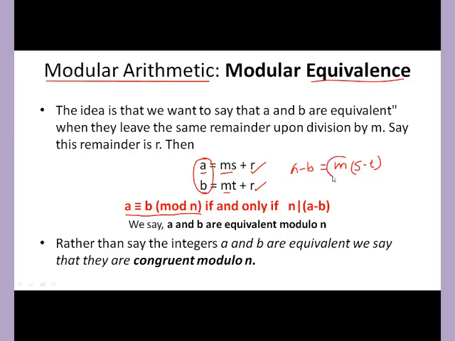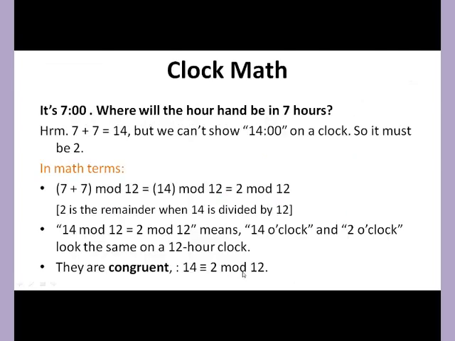So we can say that M divides A minus B. So A is said to be equivalent to B modulo N if and only if N divides the difference A minus B. Rather than say integers A and B are equivalent, we say A is congruent to B modulo N.